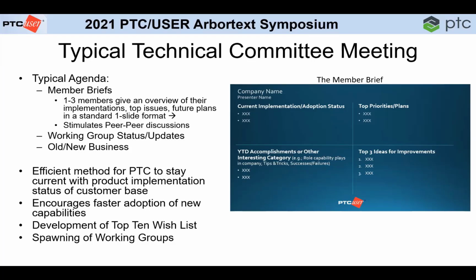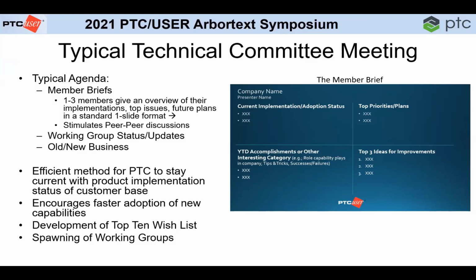We'll give PTC some use cases around it, so they can bring that in and potentially use that to develop their roadmap. This is not something where PTC has said we'll do everything on your list, but this is more of a way for customers to give feedback back to PTC as to the direction that they would like to see the product go.